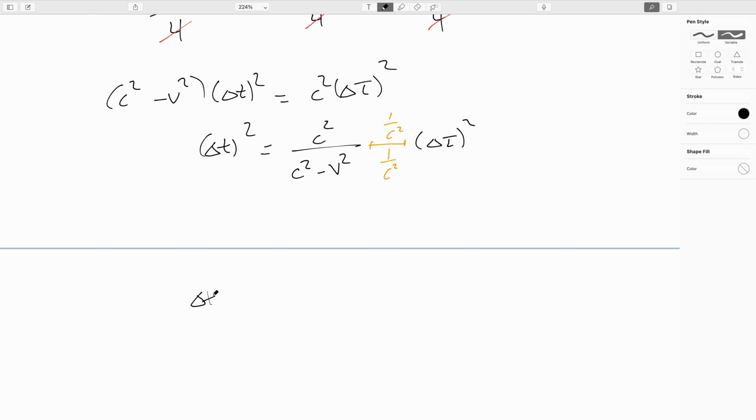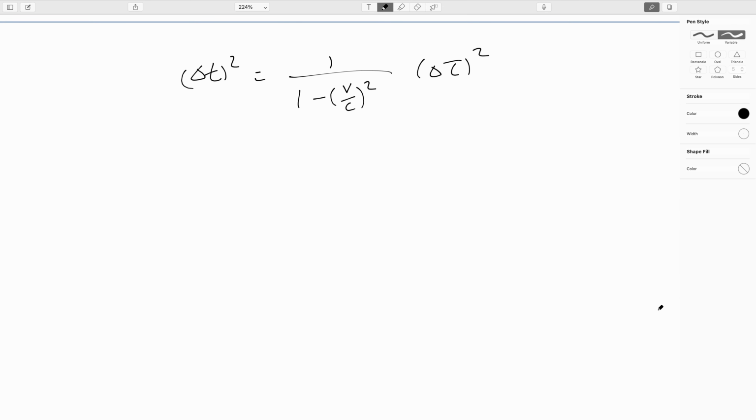Doing that, I will get delta t squared to be 1 over 1 minus v over c squared, times delta tau squared. Now all that's left is to take the square root of both sides.